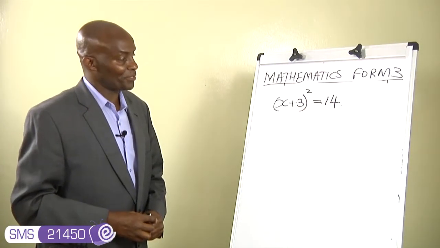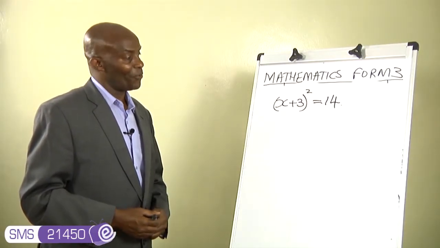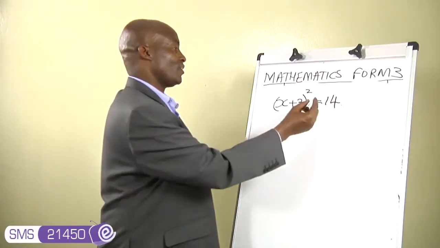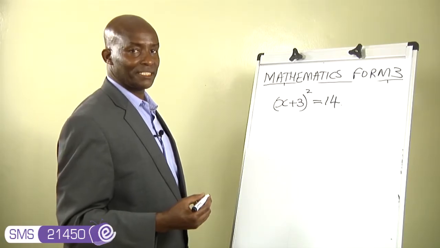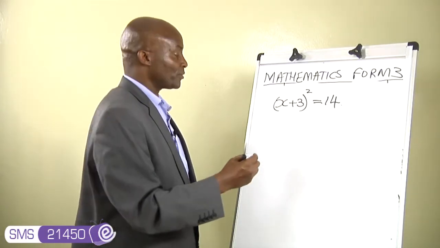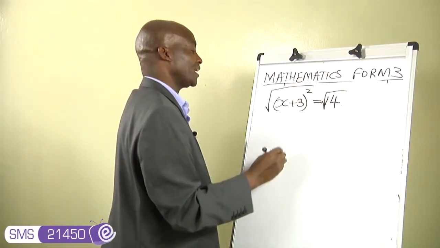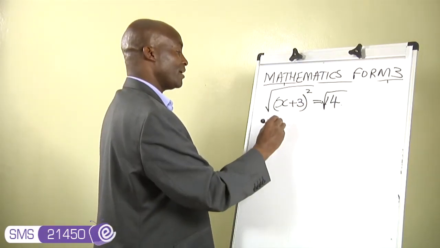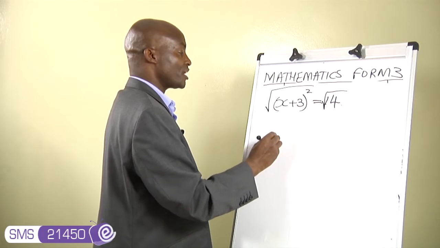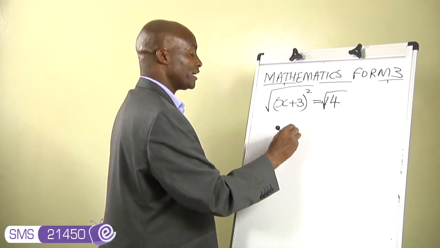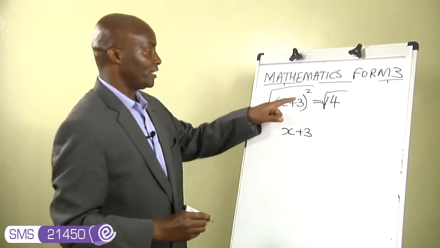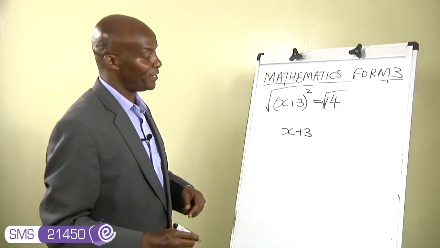To use the square root tables, we have to first take the square root on both sides. Then the square root of (x plus 3) whole squared will be x plus 3. It's only the square that will disappear.